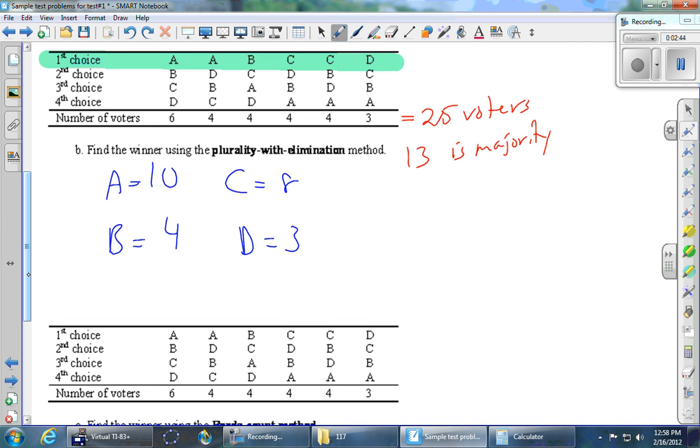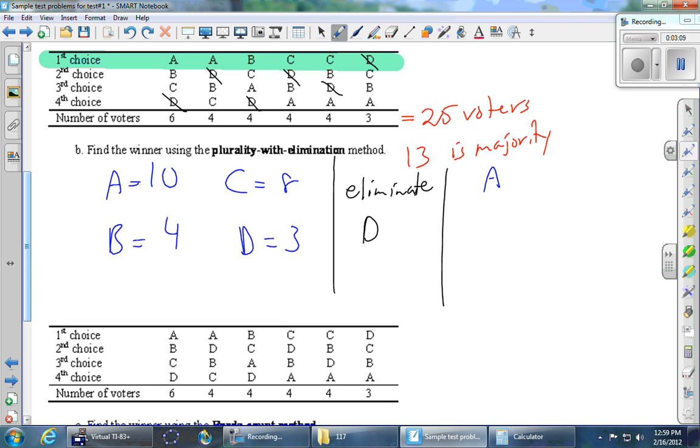And so if nobody has a majority, then you need to eliminate someone. You eliminate the candidate with the fewest first place votes. And of our 4 candidates, candidate D has the fewest number of first place votes. So I will cross off candidate D now that they're eliminated. And then we recount.